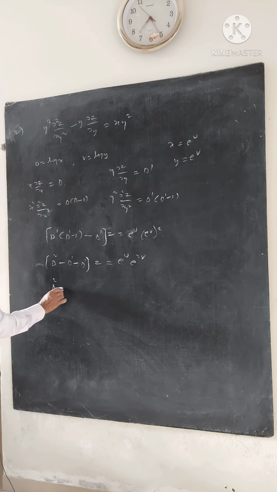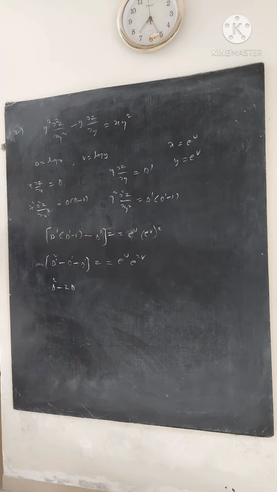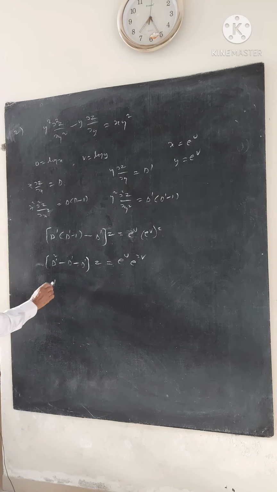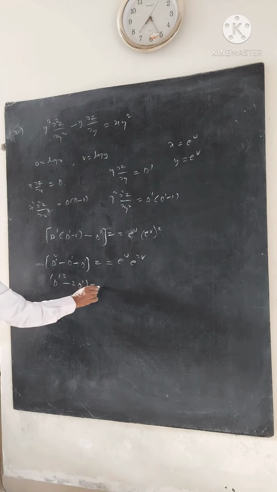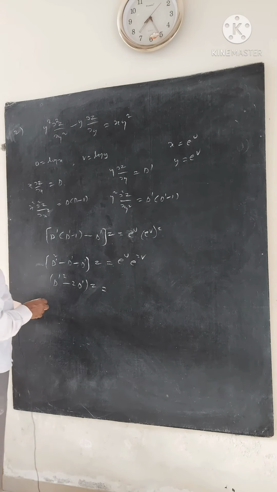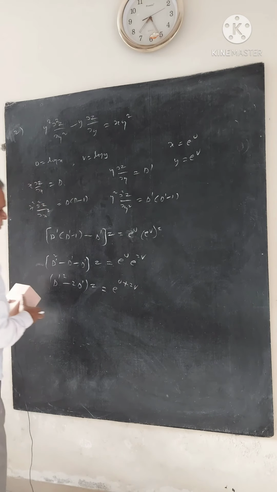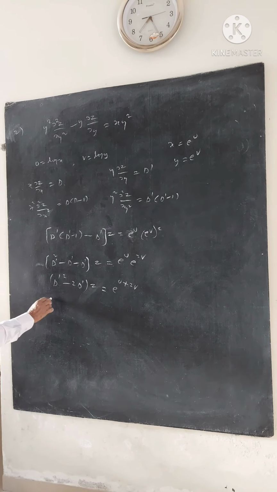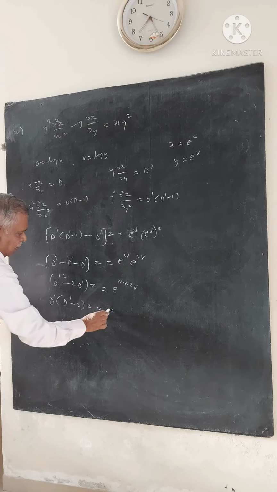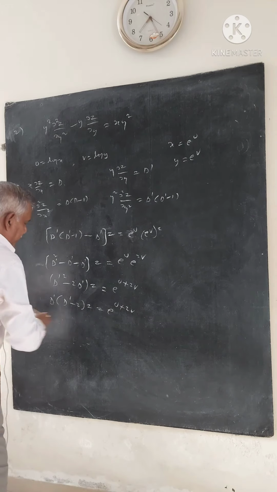D dash square minus d dash minus 2d dash of z equal to e power u plus 2v. Taking d dash out, d dash into d dash minus 2 of z equal to e power u plus 2v.